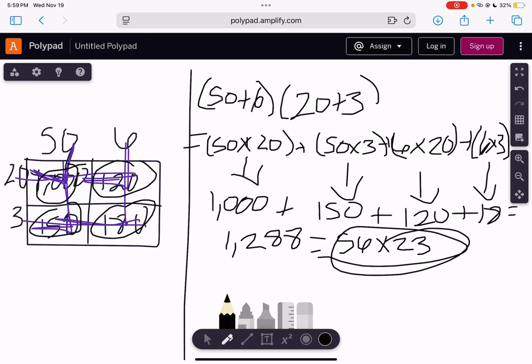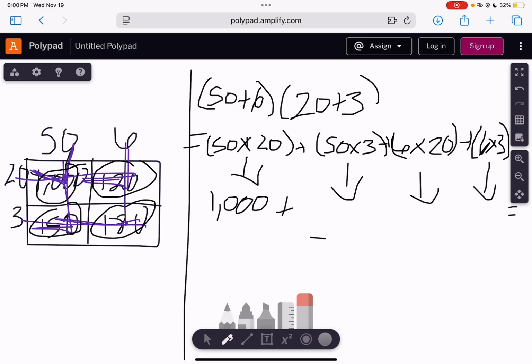When we are using partial products, you are encouraged toward more flexible thinking, and this helps you transition from a concrete model to a more abstract one.